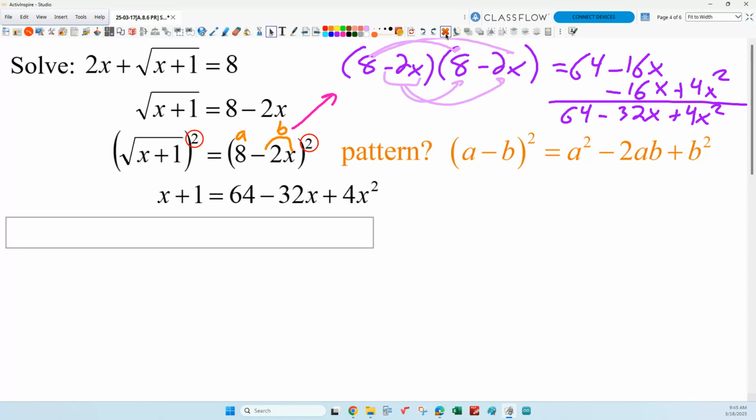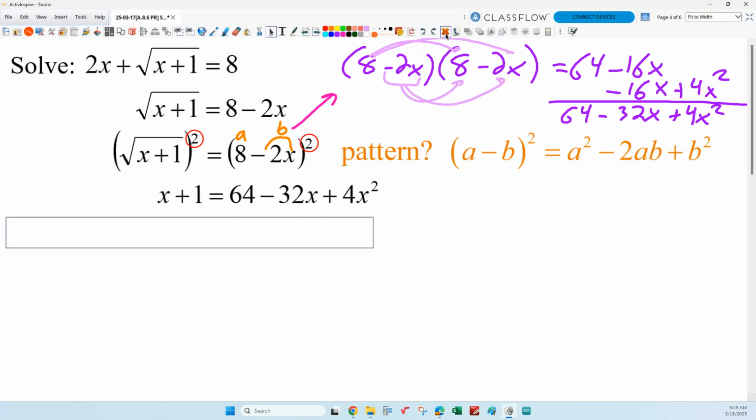All right, so now this takes us back to last unit. I've got a polynomial equation, right? I've got a bunch of terms. What do I do with a polynomial equation like this? Set it to 0, yeah. So everybody point, which direction should I push everything here? Yeah, to the right for sure, because I want a positive number of x squareds.